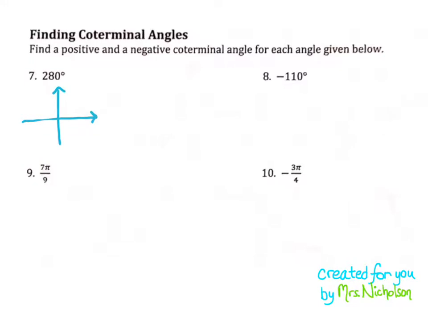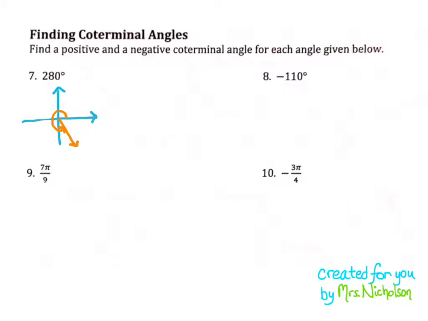280 degrees. That would be an angle a little bit bigger than 270, so that's going to terminate here in the fourth quadrant. That would be 280 degrees. A coterminal angle is going to be an angle that terminates in the same place, that has the terminal side at the same place that this angle does.